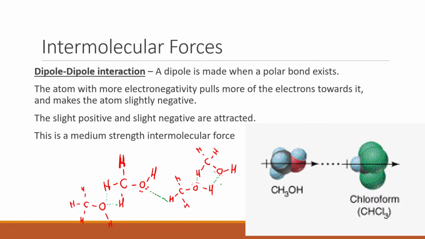So this makes it even more difficult to pull apart these molecules. Because not only are they stacked one on top of each other, not only do they have dispersion forces, they also have dipole-dipole interactions. They also have this magnetic attraction between them.